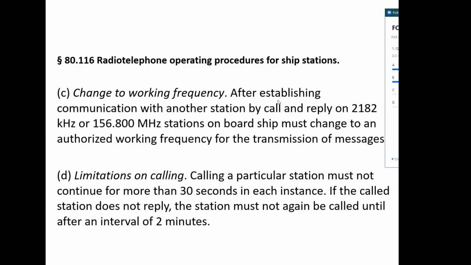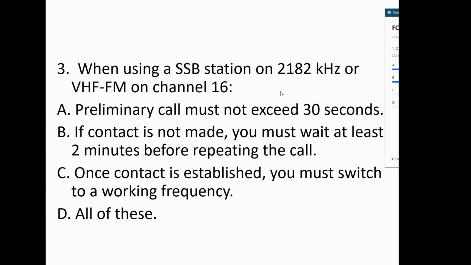All right, so let's relaunch this poll before I get into it. Using an SSB, that's a single sideband, and I think at this point, depending on how you've been reading the chapters, the book has talked about the single sideband, which is what is currently the common use, especially in aeronautical.